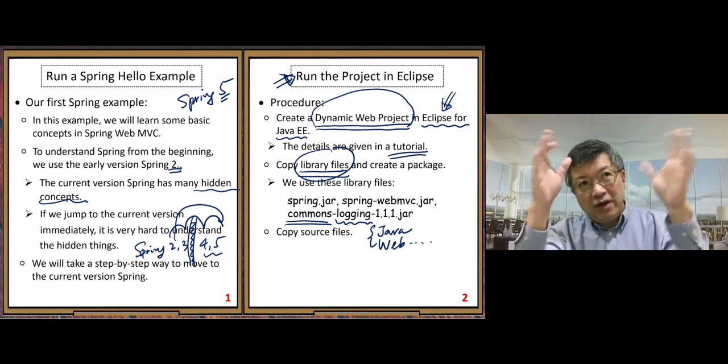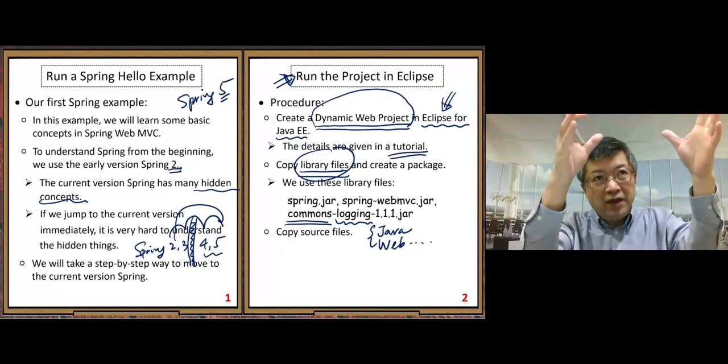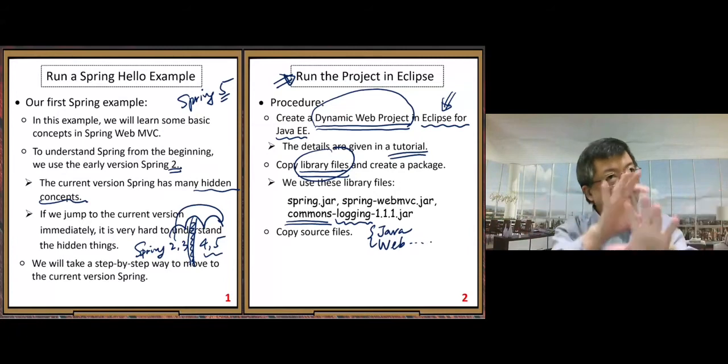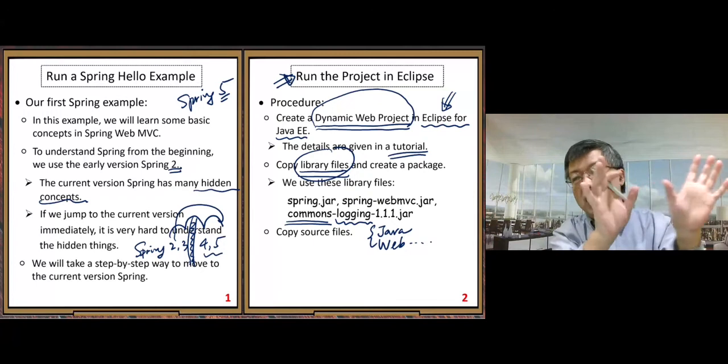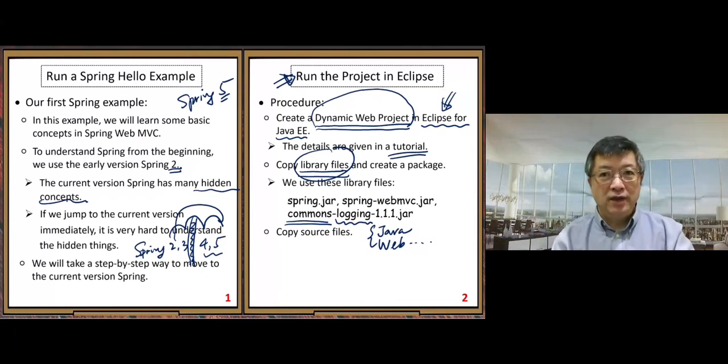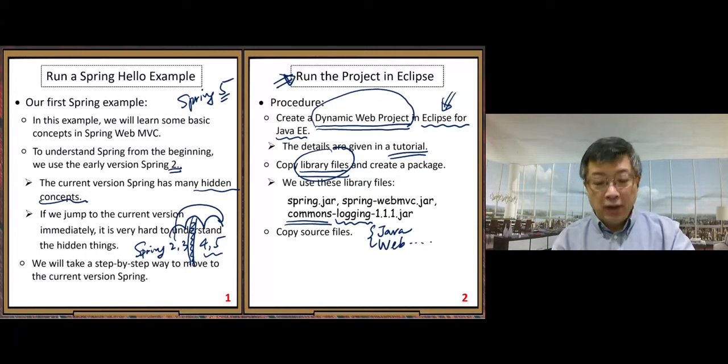All the Java files we put in one place, then all other web-related files we put in other places. So we copy these 2 types of files. I'll show you on Wednesday. Wednesday we will do it together. Pretty easy.